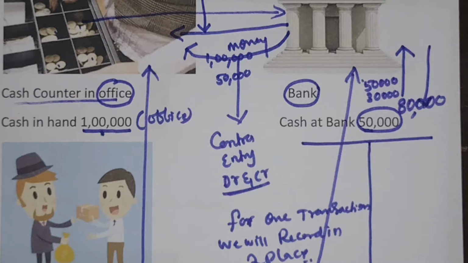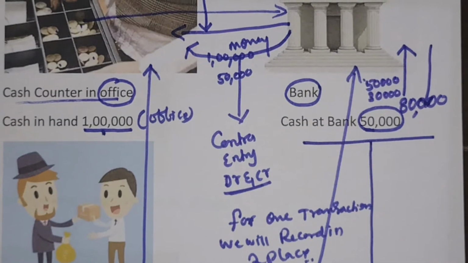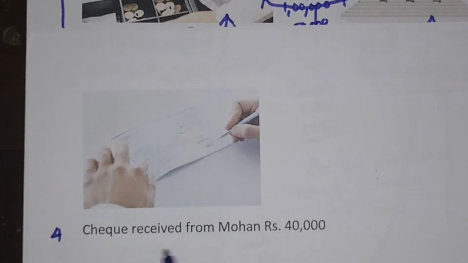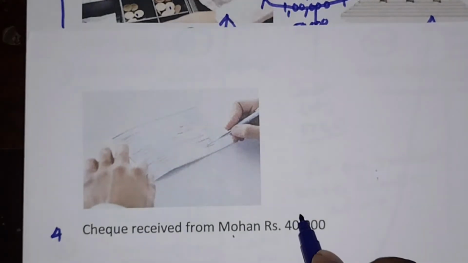Coming to the next picture. Next concept: cheque received from Mohan, rupees 40,000. Whenever a cheque is received, there are two different concepts.